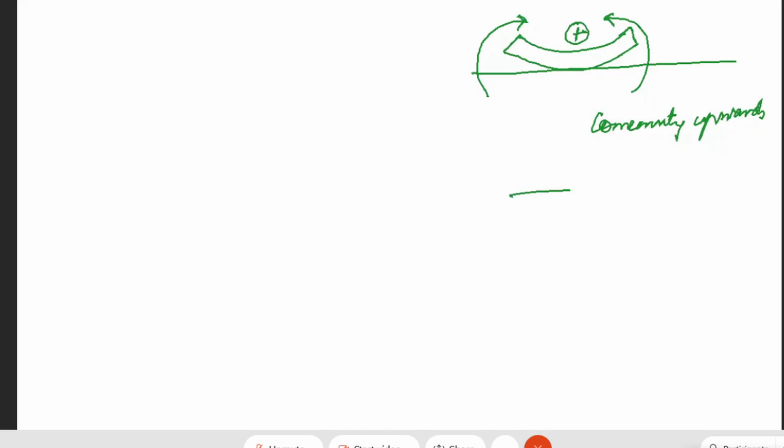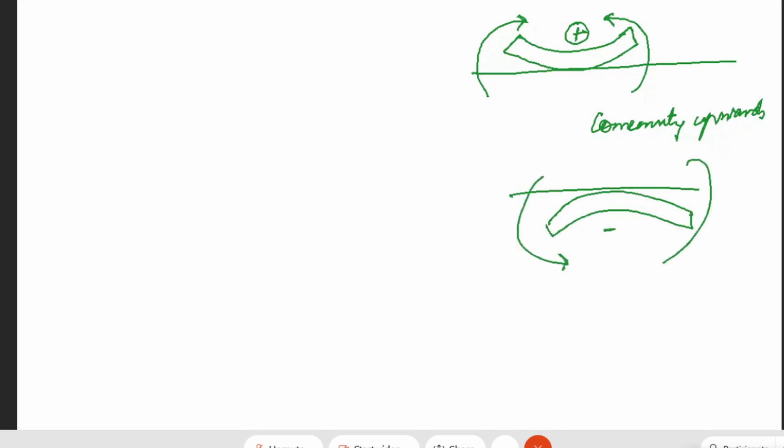Let's say this is the center line of the beam, and the moments are such that the beam has concavity upwards. Then it is said to be positive. And if the beam has convexity upwards, then it is said to be negative.